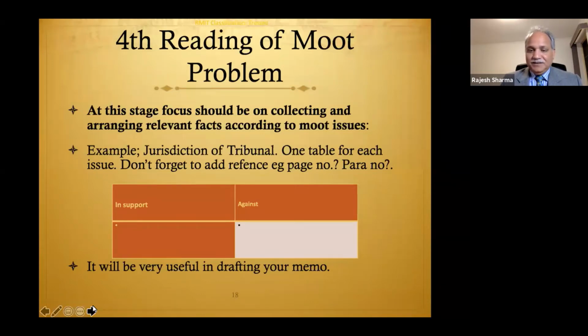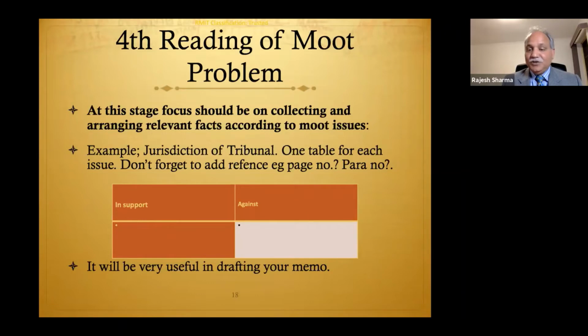If it is there, you can write here the issue on jurisdiction of the tribunal. Here, on behalf of claimant, you can write down the facts which support that the tribunal has jurisdiction. At the same time, while you are reading, you can also take note of what, on behalf of respondent, are the facts you can use to prove that the tribunal has no jurisdiction.